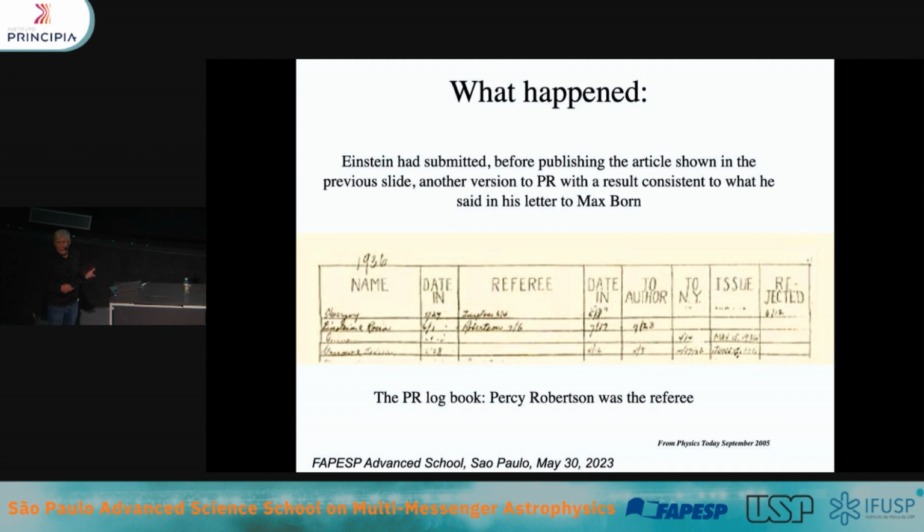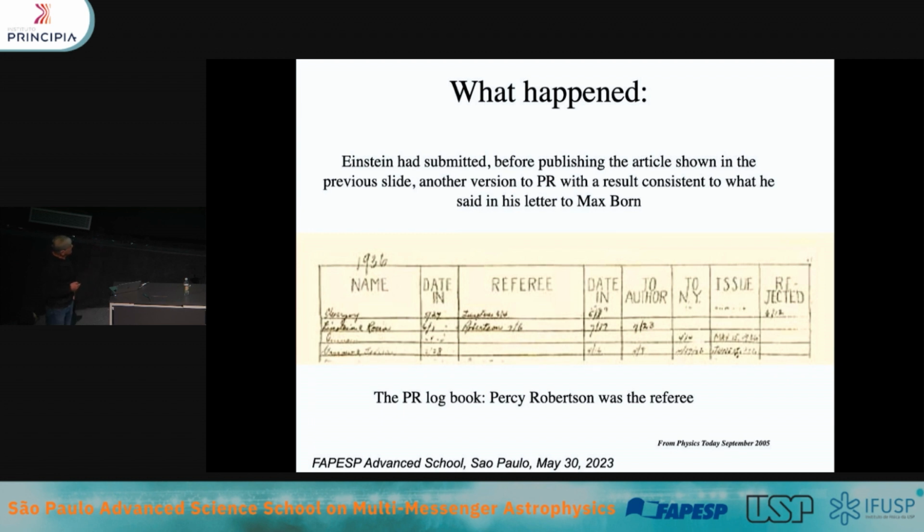Einstein got outraged because how dare someone find something about his paper? Furthermore, how dare the editor send it to someone else to be read? Because in the German journals, it wasn't customary to have referees reviewing papers. This is actually a custom that started in the United States and pretty much about that time.